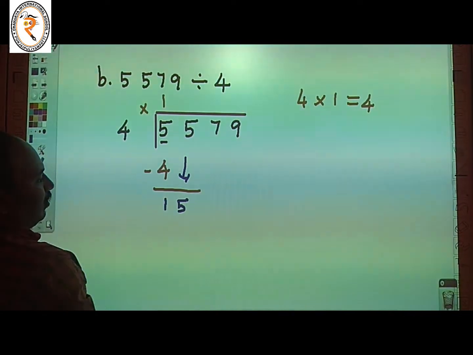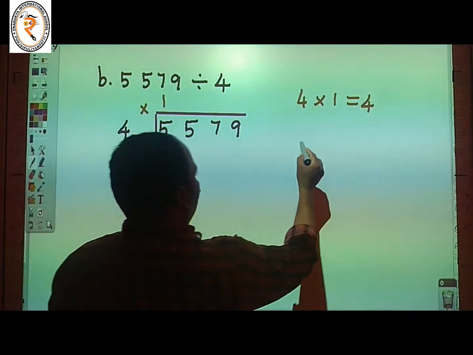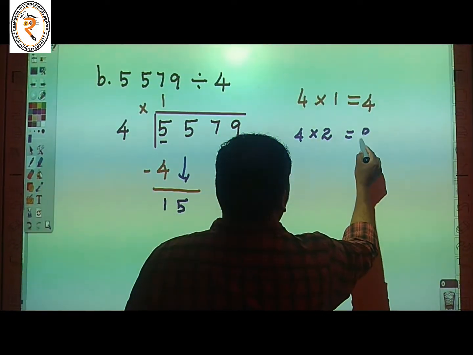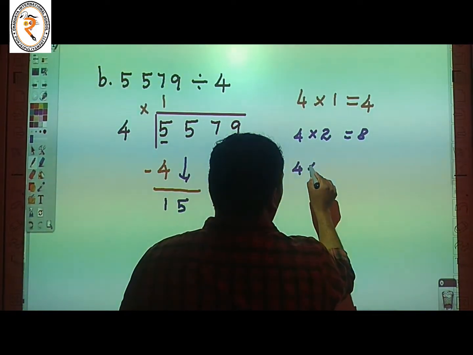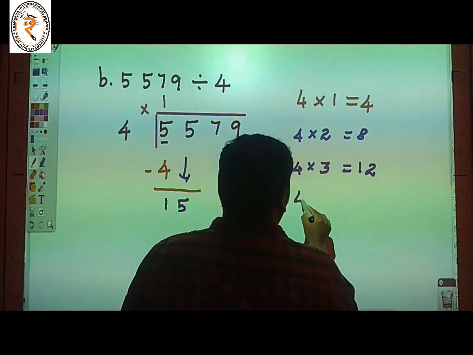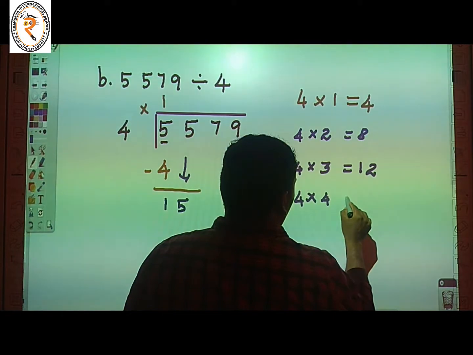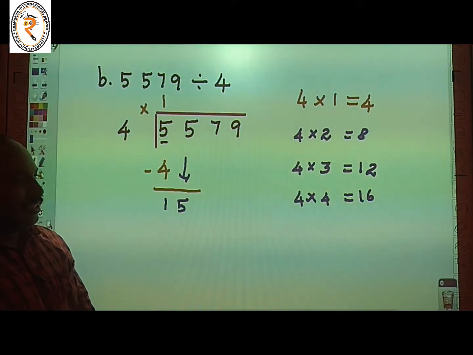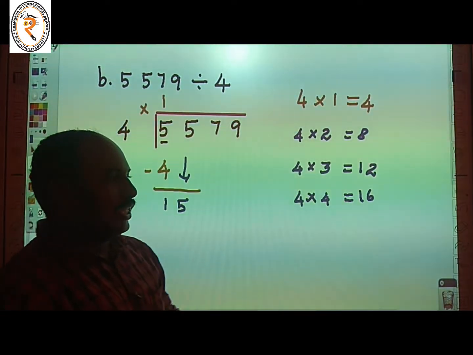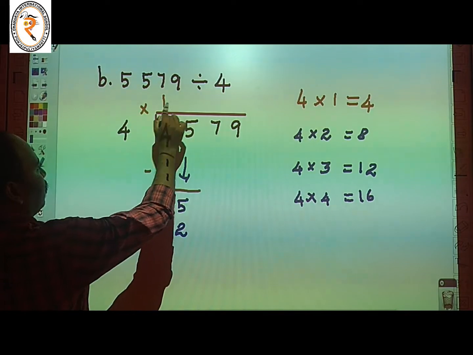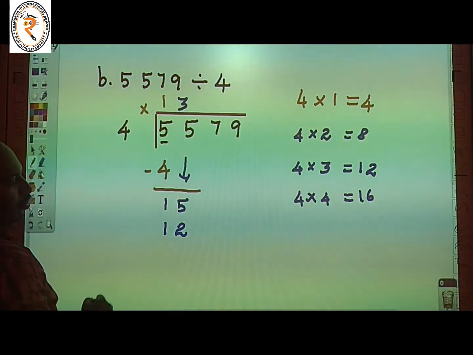So we go to the 4th table. 4 2s are 8. 4 3s are 12. 4 4s are 16. Now 16 is more than 15. So 4 3s are 12.